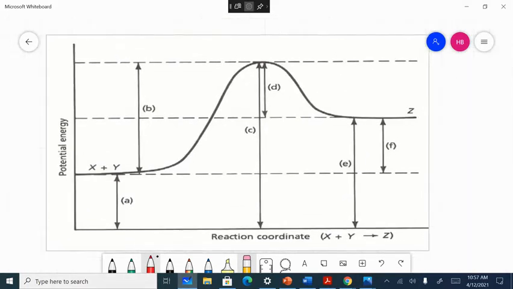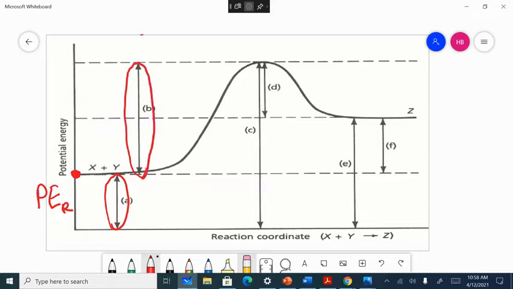So let's pick this apart one more time and see if we understand each of the letters. This right here, A, is the potential energy of the reactants. And then the reaction starts, and I need to add a certain amount of energy to get the reaction to go on its own.